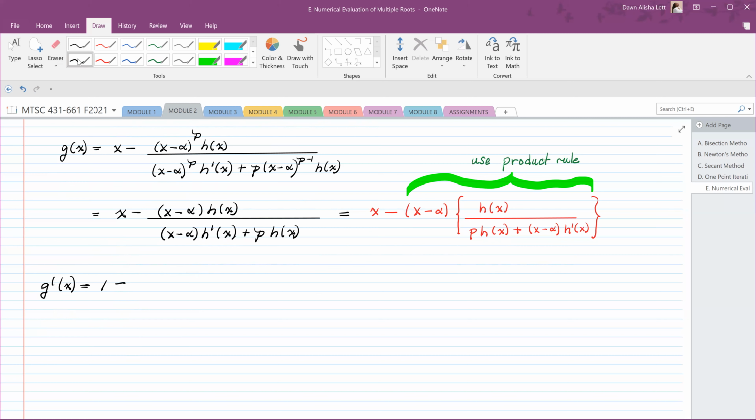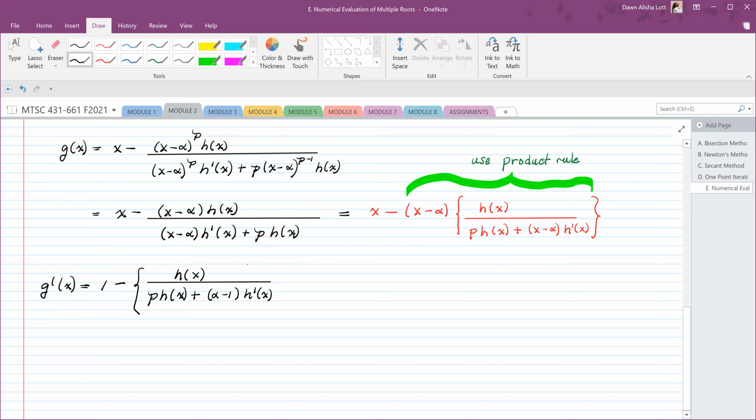So I do the derivative of the first, which is 1, times the second, so that's going to be h of x over p times h of x plus (x minus alpha) times h prime of x.